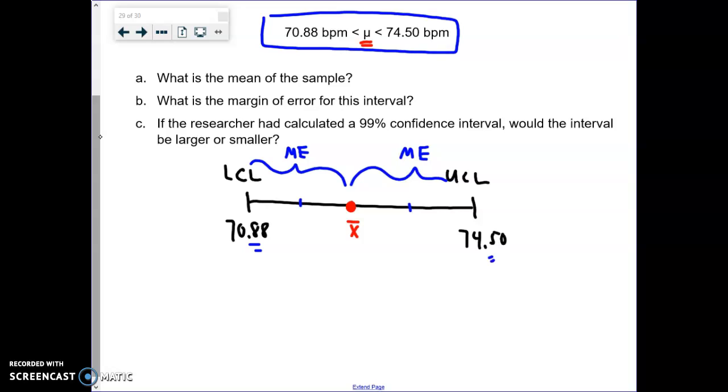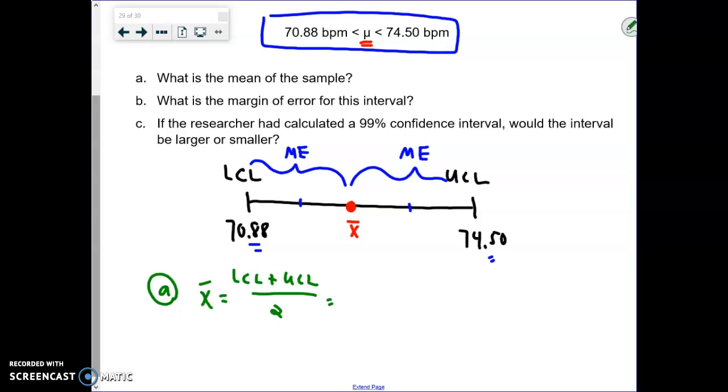So in other words, let's look at 1A. What is the mean of the sample? Well, since it's right in the middle of those two values, it's the average of our two limits. So to find the mean of the sample, you take your lower limit plus your upper limit and divide by 2.